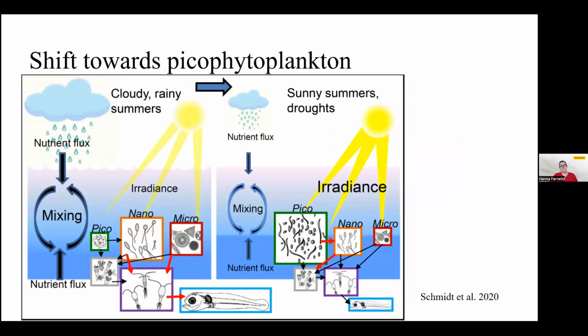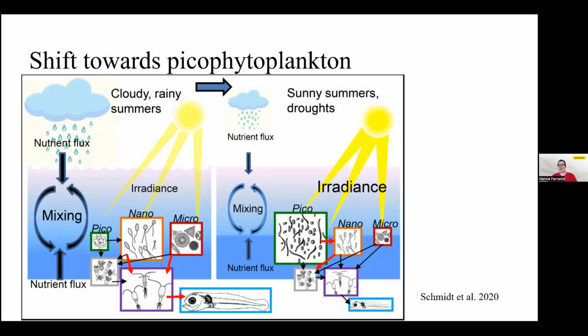But if we think about the future, what could happen? If there is a shift towards more Picophytoplankton and this box of Picophytoplankton biomass becomes larger, then the transfer into the trophic food chain can become less efficient. What is typically thought about this pico fraction is that it's not very rich in nutrients.